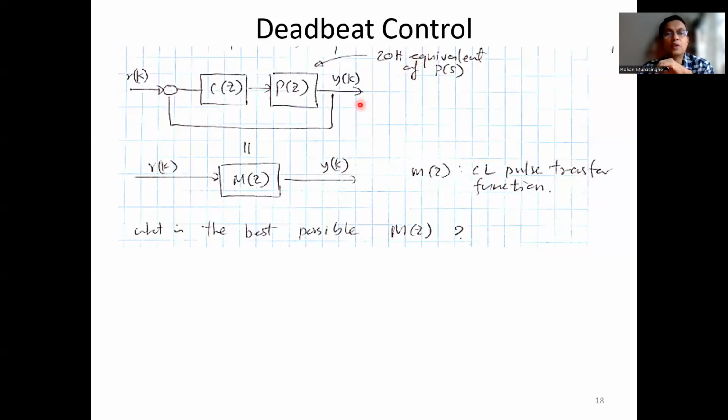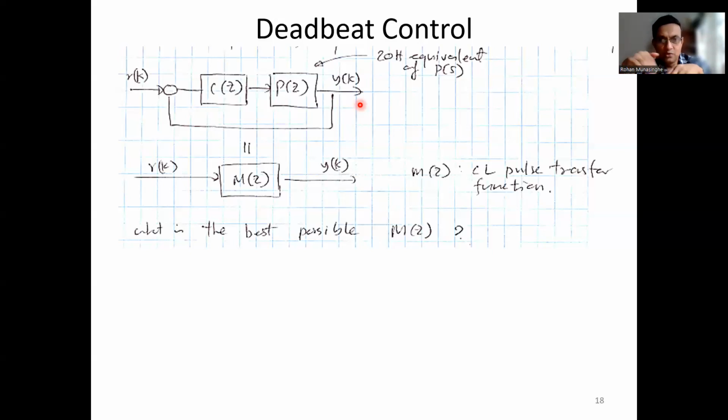So the response should be very similar or exactly RK, but after a one time delay, isn't it? Because the system takes one time delay to process it, to actuate the drivers and all these things.